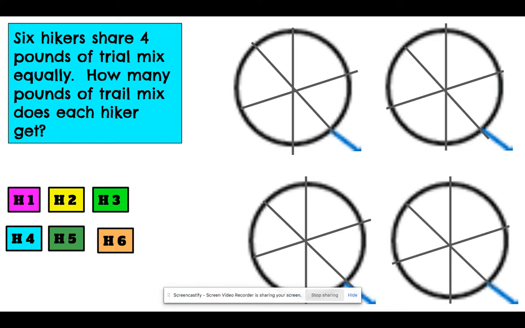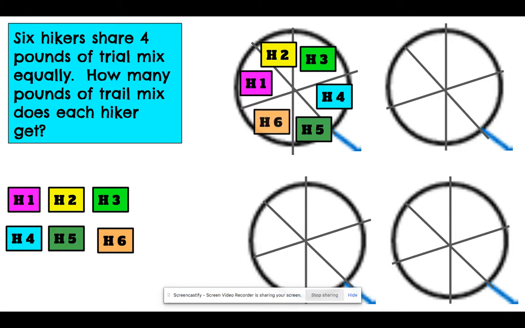This is what it would look like. Hiker 1 will get a slice, hiker 2, hiker 3, hiker 4, hiker 5, and hiker 6. Now, since it's cut into 6 slices, each of these slices is worth 1/6, right? We'll talk about that in a little bit.